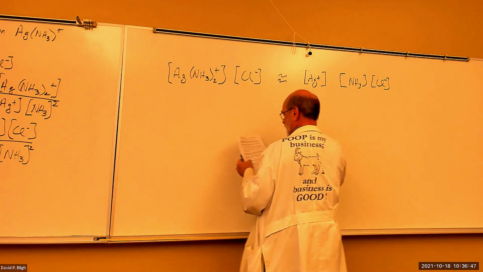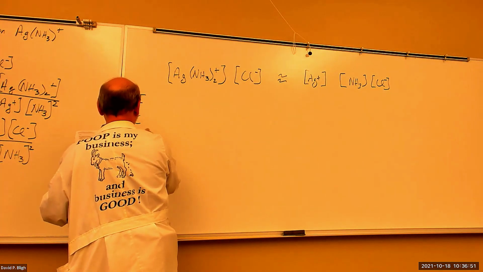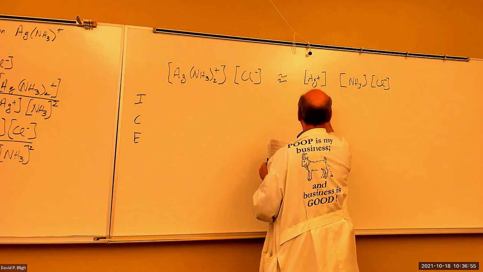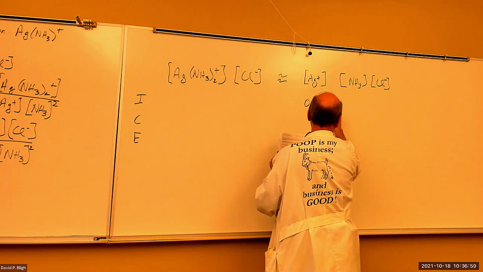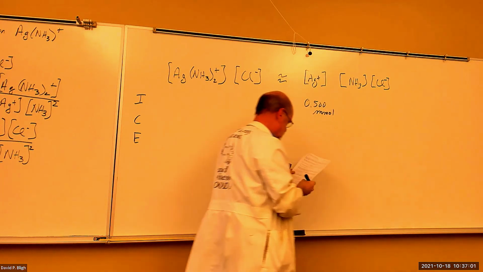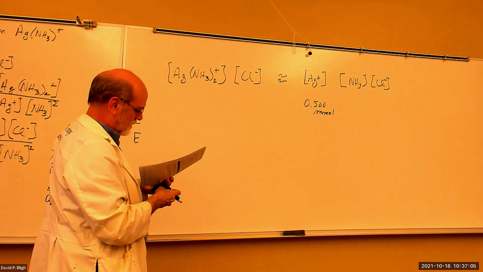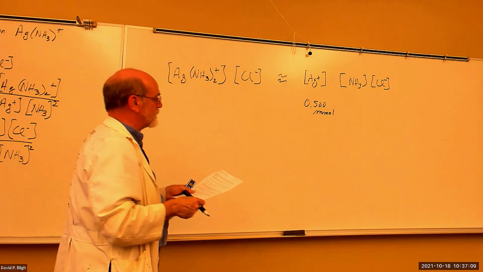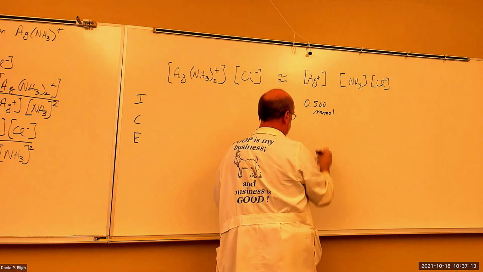And multiply those together, and hold on a second. ICE change. That would give us 0.5 millimoles. Remember millimoles? I'm going to use millimoles because it's more convenient. We just multiply molarity times milliliters. So 5 milliliters times 0.1 concentration of silver gives us this.